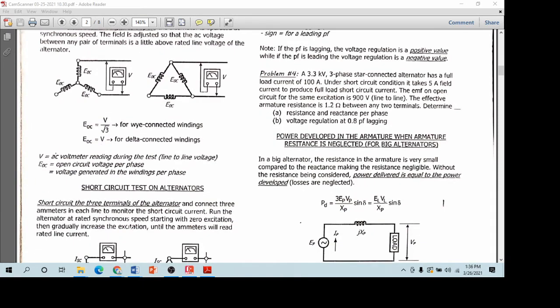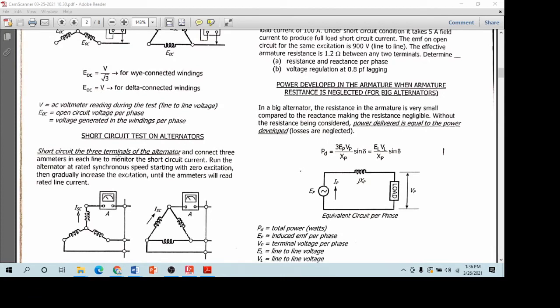Recall that V is the AC voltmeter reading during the test, line to line, and EOC is the open circuit voltage per phase, or the voltage generated in the windings per phase. So here we can identify correctly what is the generated or induced EMF per phase in this problem.